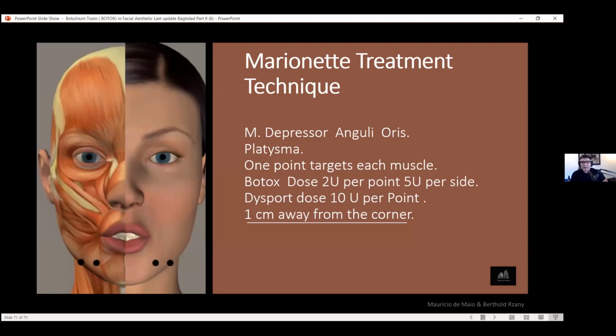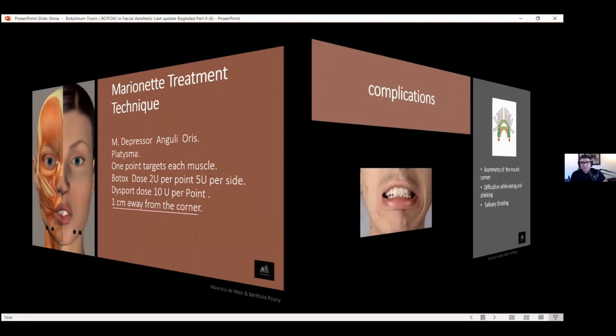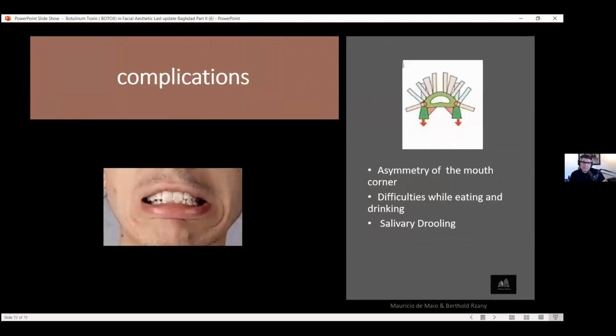So this is the marionette line picture. And then again, we still have some kind of complication with marionette lines, mostly asymmetry. For example, that's why you have to use a cosmetic pen, which is very important for you to draw the lines or points to keep the injection at the same level.